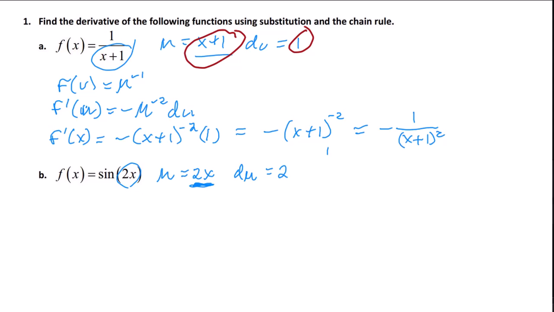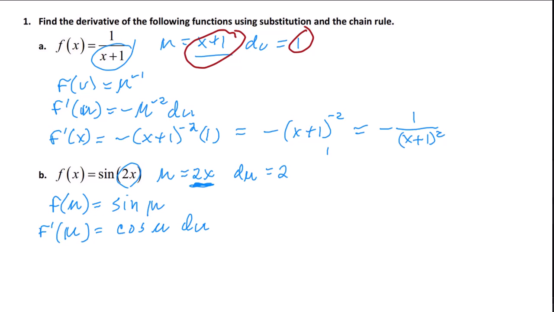So if I've got my function as a function of u, it equals what? Sine of u. So then f prime of that function equals cosine of u du. Don't forget the du, because it's the derivative with respect to u.